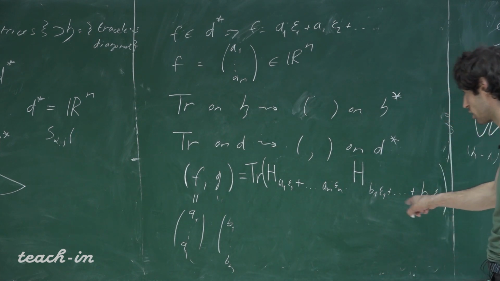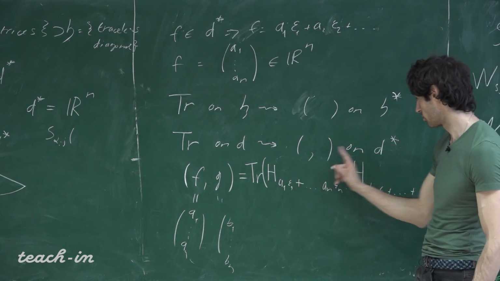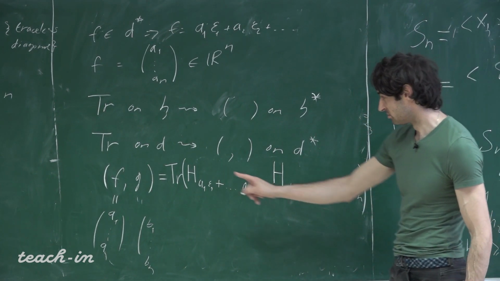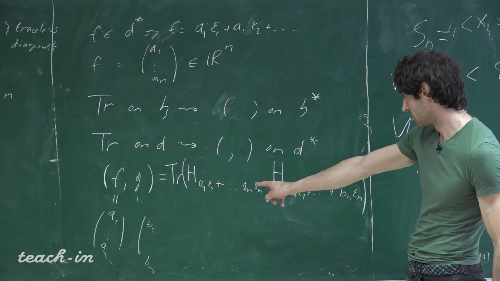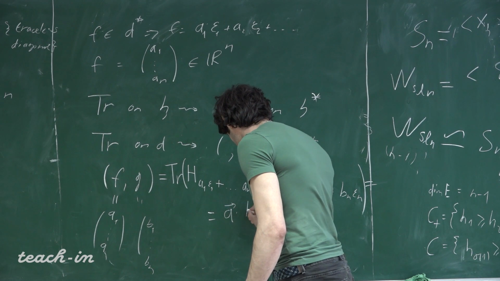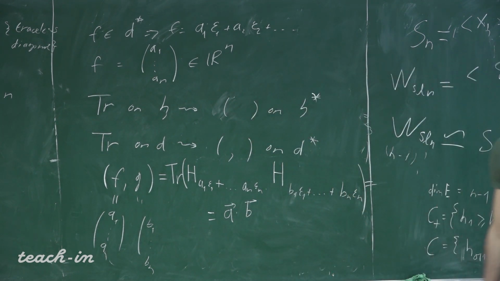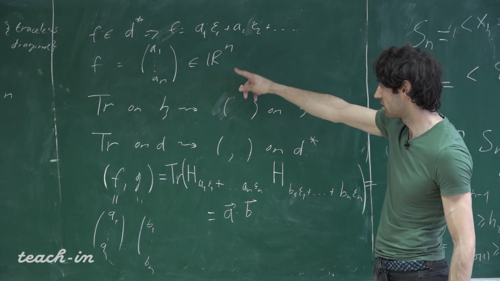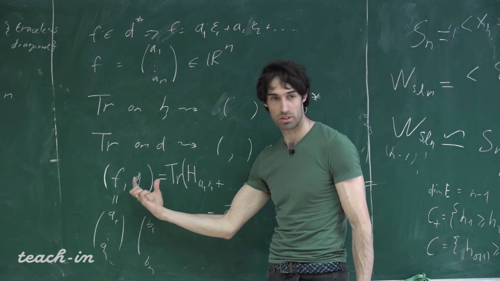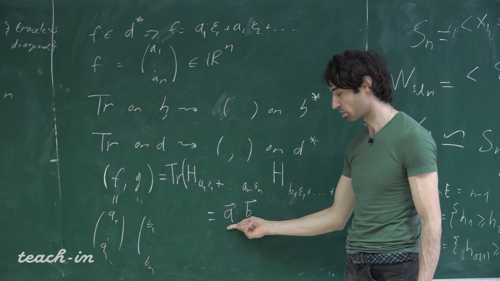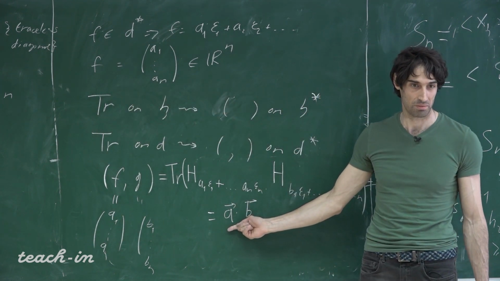This is by definition what the parenthesis is on D star. If I compute this, it gives me exactly the scalar product of vector a times b. So under this identification, the inner product in my abstract setting is just the scalar product of two vectors.